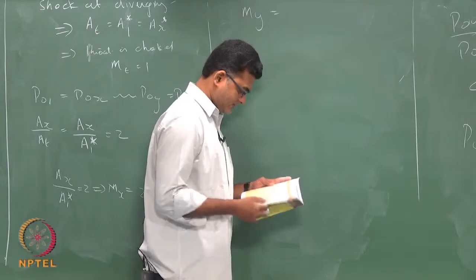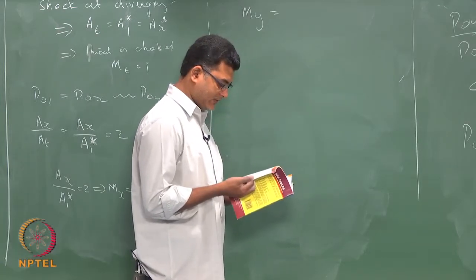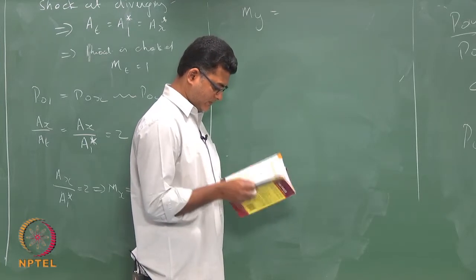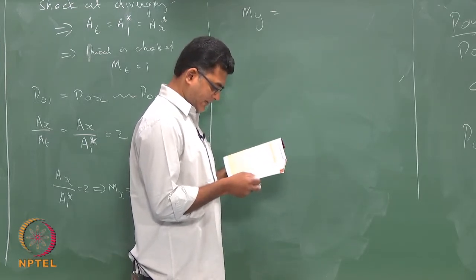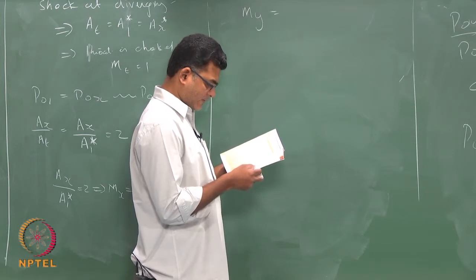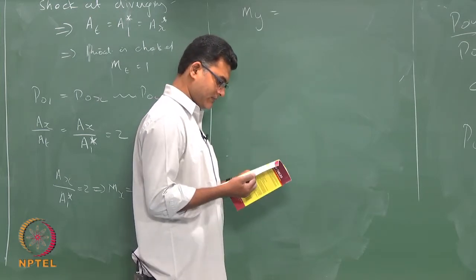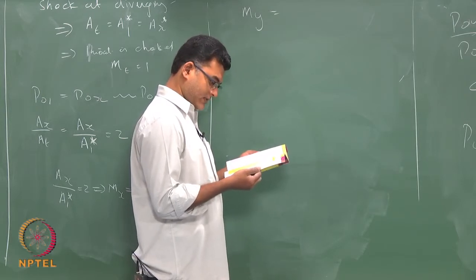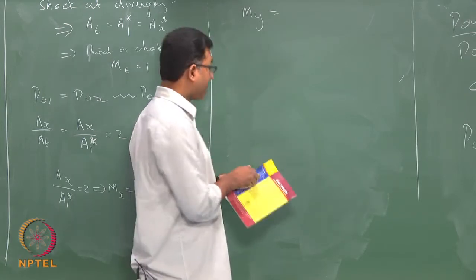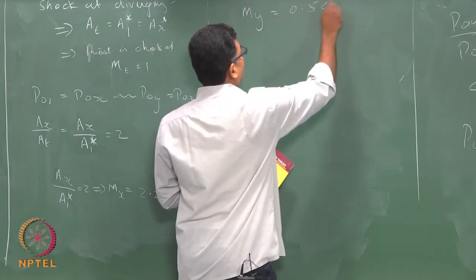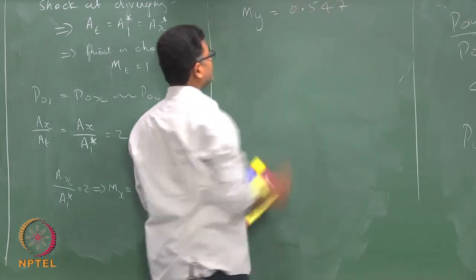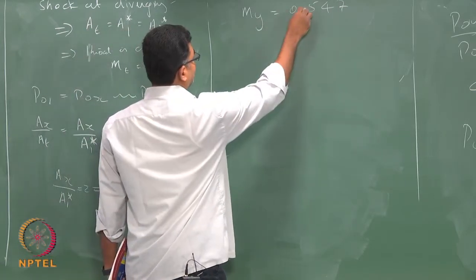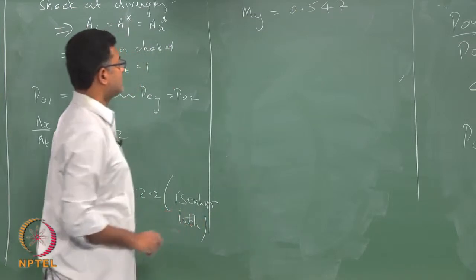Now, My, I look at the shock tables for Mach number 2.2, My is 0.547. Okay. So, I have a My that is generated at this.